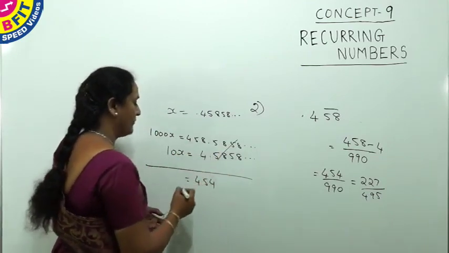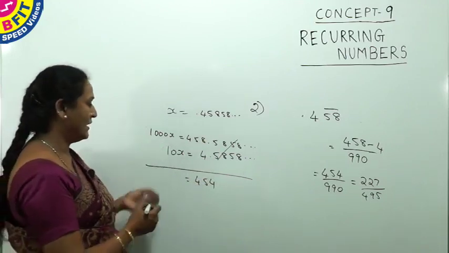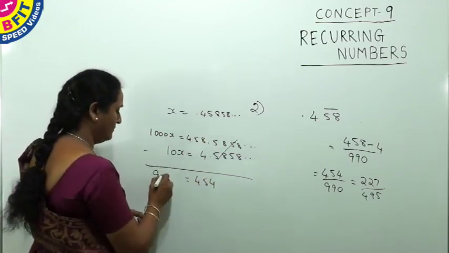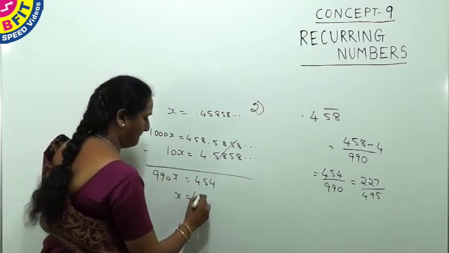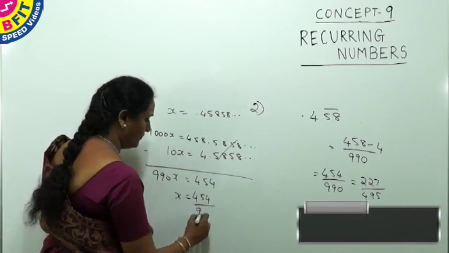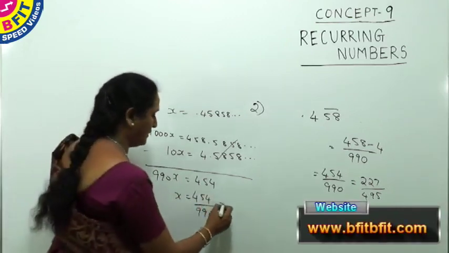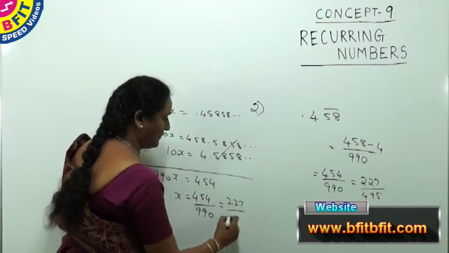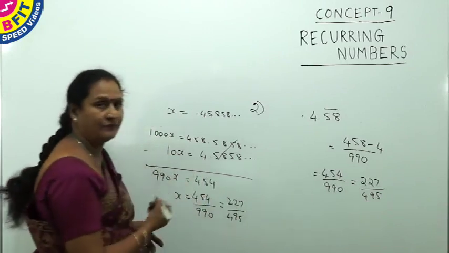We have 454 on one side, and on the left hand side, 1000 minus 10 is 990x. So x equals 454 by 990, and simplifying we get the answer 227 by 495.